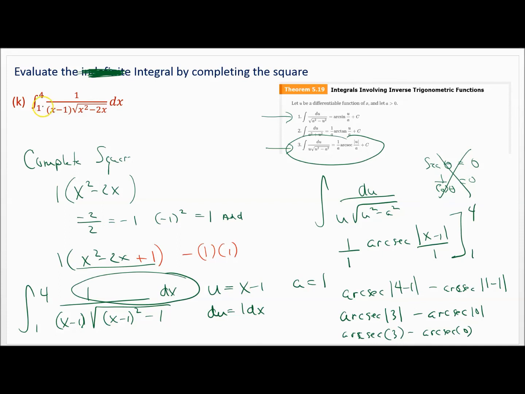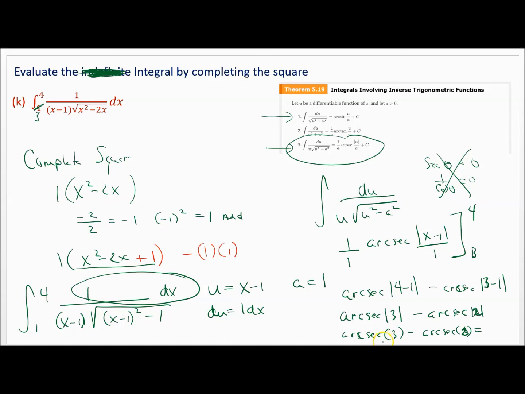And then I thought, what's going on? But I have a typo. This was supposed to be a 3. So to fix that, that would make this value a 3. And when we plugged in 4, that would make that value a 3, and that value a 2, and that value a 2. Now what do you do next? You plug that in your calculator and come out with the answer.